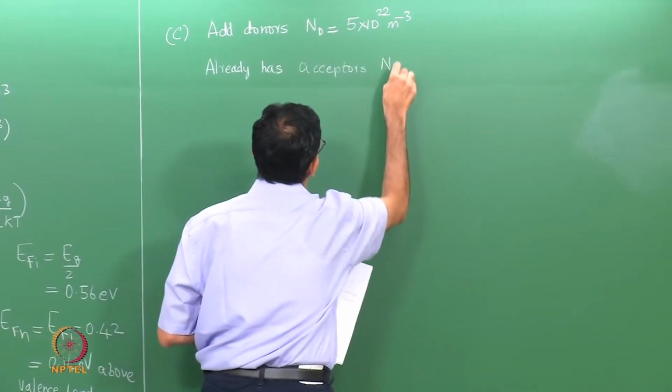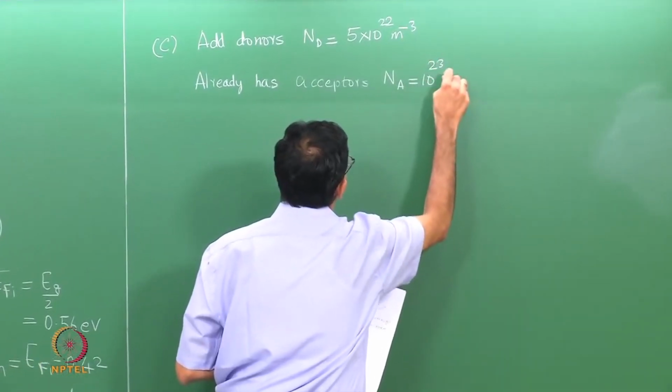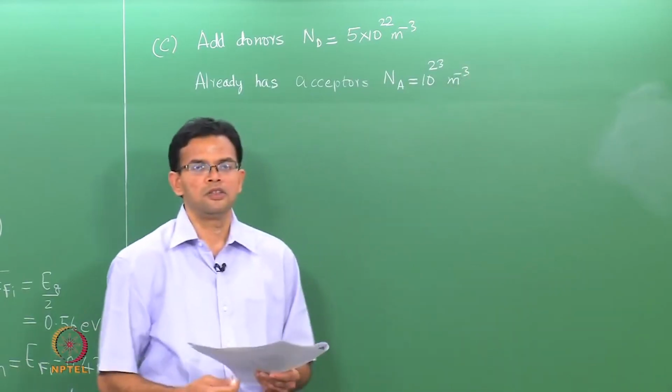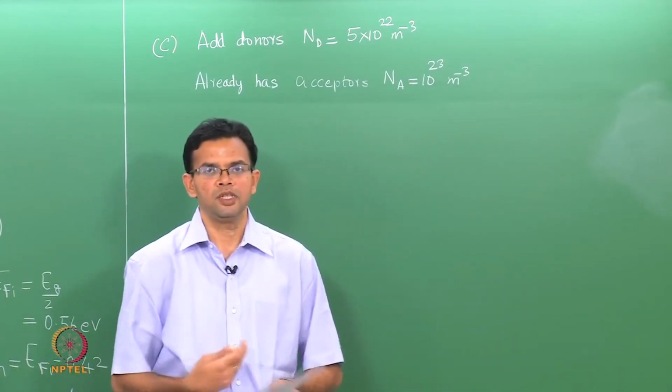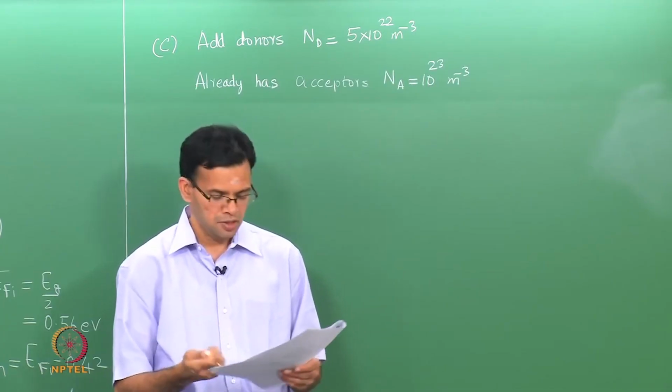Acceptor concentration Na is 10 to the 23 per meter cube. So, this is an example of compensation doping where we have both donors and acceptors.